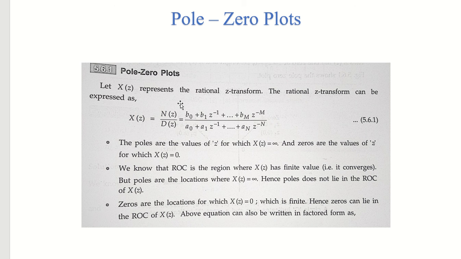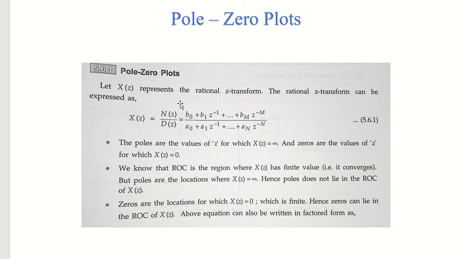But poles are the locations where the value of X of z will be infinity, and because of that, poles will not lie in the ROC of my Z transform. In the same way, zeros are the locations where the value of X of z is 0. That means it will be finite. So zeros can lie in my ROC, right?